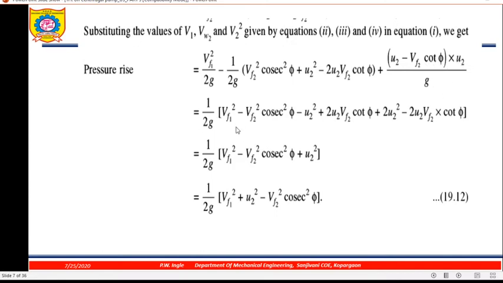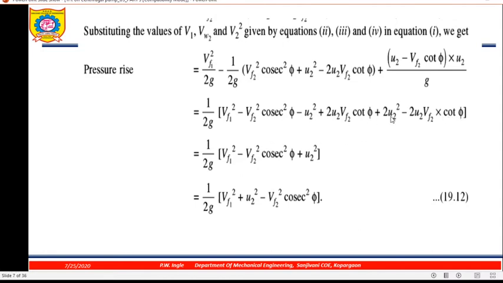Taking 1 by 2g common, you get Vf1 square minus Vf2 square cosec square phi minus U2 square plus 2 U2 Vf2 cot phi plus 2 U2 square minus 2 U2 Vf2 cot phi. So 2 U2 Vf2 cot phi and minus 2 U2 Vf2 cot phi get cancelled out.